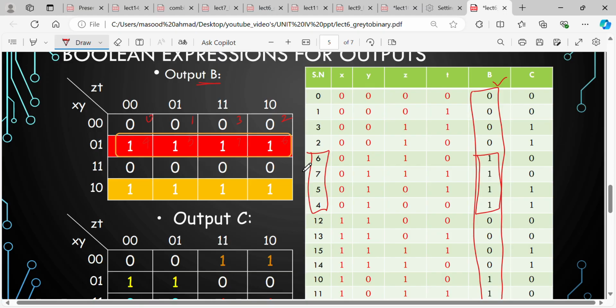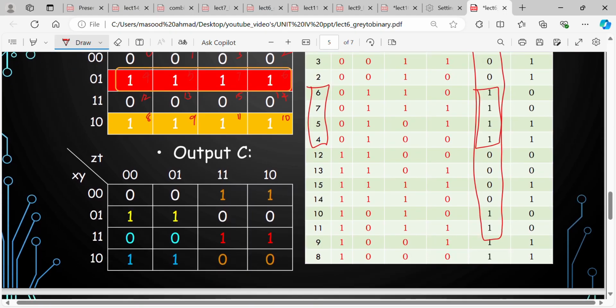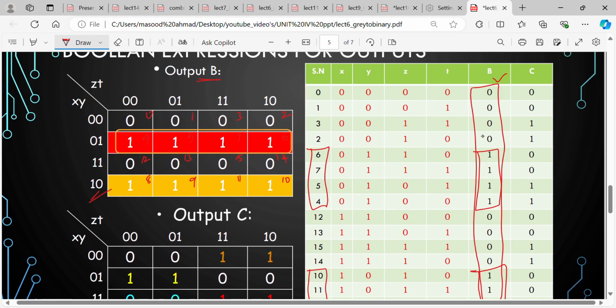What about this? 12, 13, 15, 14, and 8, 9, 11, 10, right? So it is also 1 for B for these values: 8, 9, 10, 11. So if I combine these 4, what is the expression?